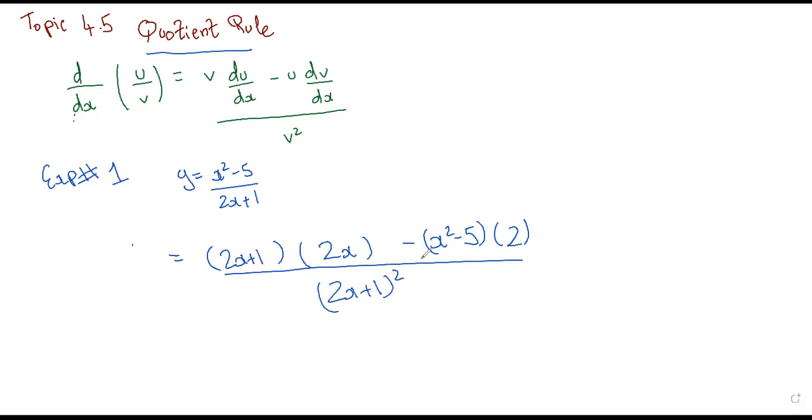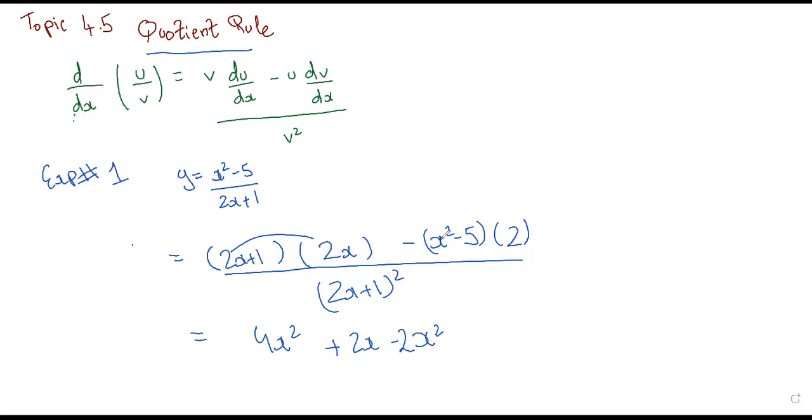We need to be very careful with this minus sign, to make sure that you use brackets properly. You cannot cancel 2x plus 1. Exactly. So we have to simplify the numerator first. It would be 2x into 2x, that is 4x squared, plus 2x, minus 2x squared.